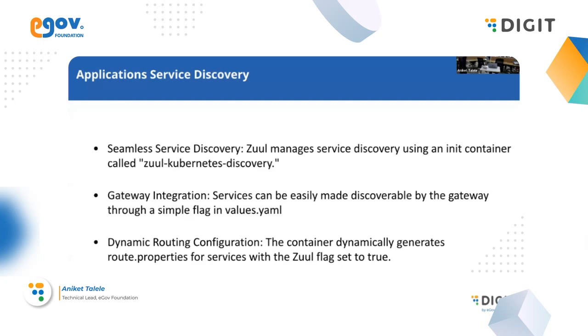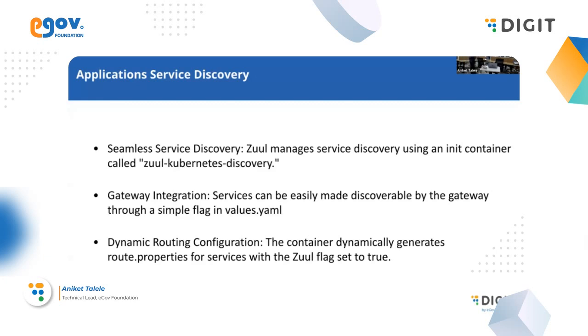Okay, so it's a routes.properties file. There you mention that if it comes to /pgr-service, it should be routed to the pgr service's pod, right? So Zuul works on top of this routes.properties file. So what this Zuul Kubernetes discovery does is it will dynamically start generating that file.